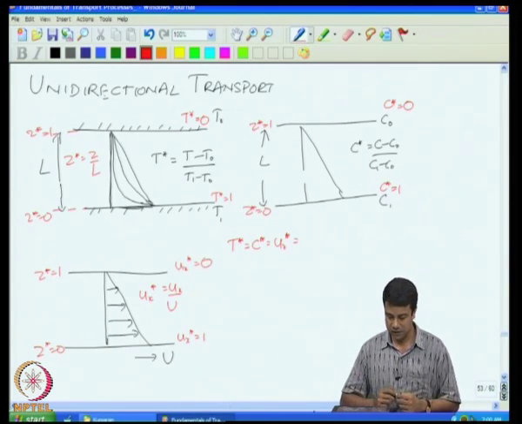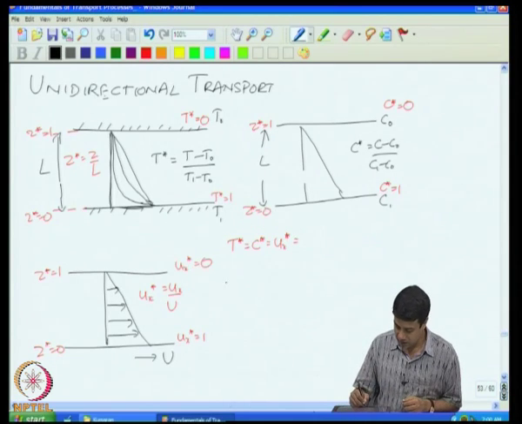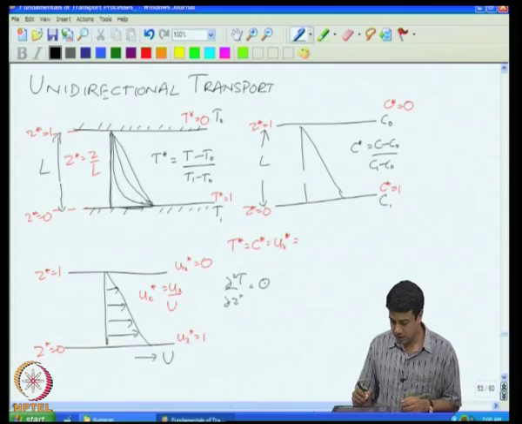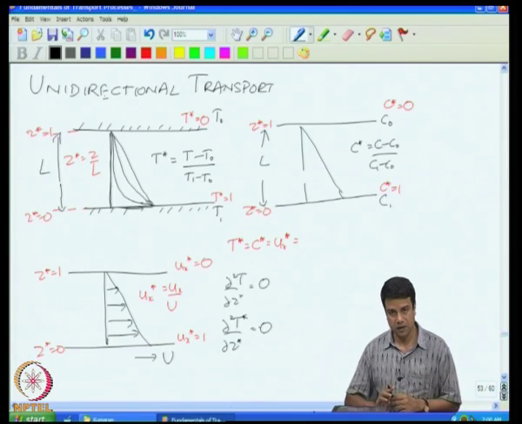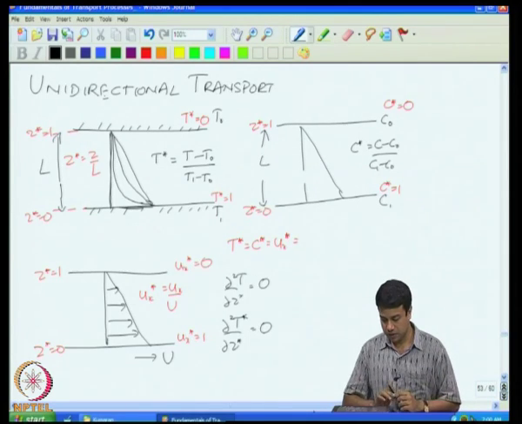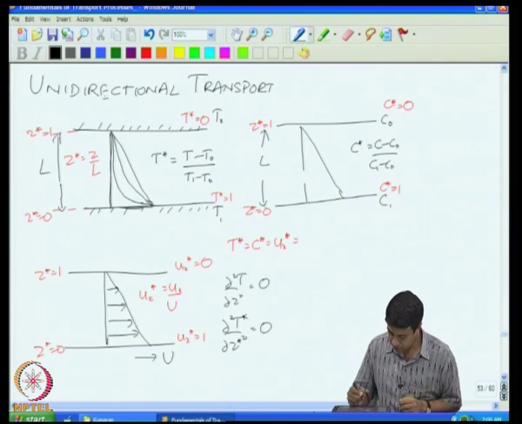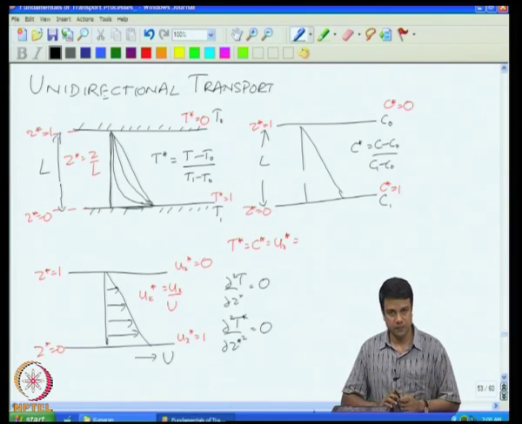The differential equation in all cases was d squared T by dz squared is equal to 0. Even if I expressed it in scaled form, I would still get d squared T star by dz star squared is equal to 0. In scaled form, you divide T by T1 minus T0 and z by L, and you will get the same differential equation.